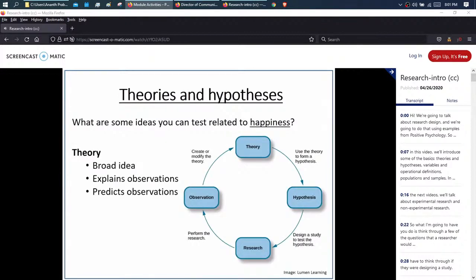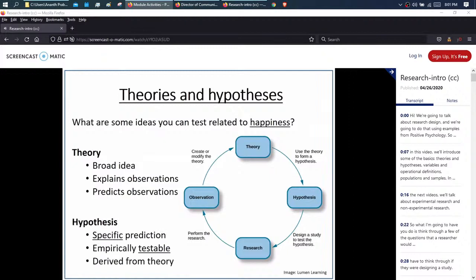A theory is a broad idea, and it does two things. One is it explains observations that have already been made. But two, it also allows you to make predictions about observations that have not yet been made. Okay? A hypothesis is a specific prediction.